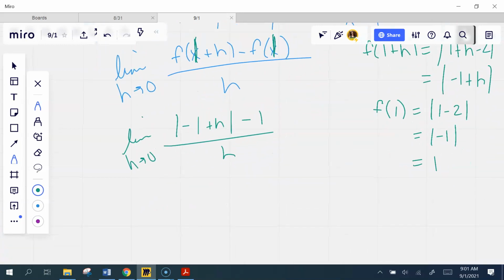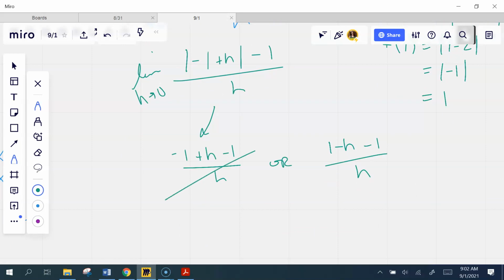So this sets me up for two scenarios. Negative 1 plus h minus 1 over h, or 1 minus h minus 1 over h. Which one is going to help me find the solution? The second one. So I'm going to ignore this one for now. I'm going to use this one, right? Because over here, negative 1 and negative 1 is negative 2.